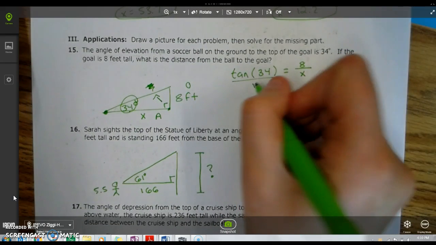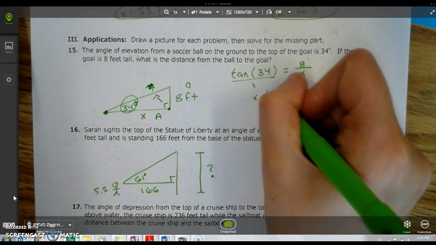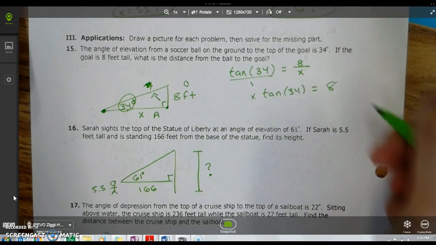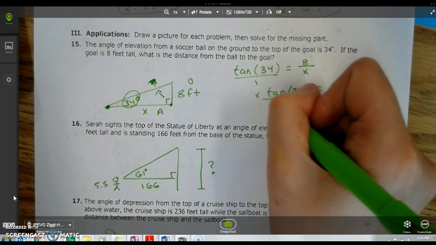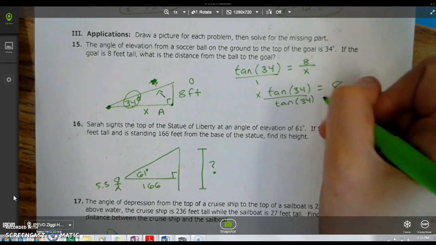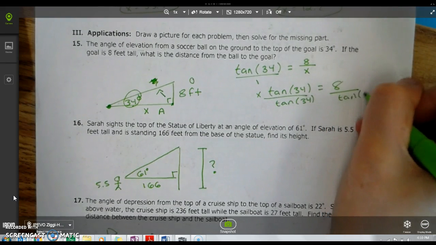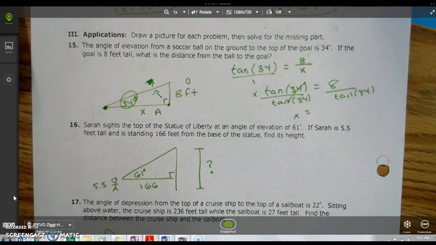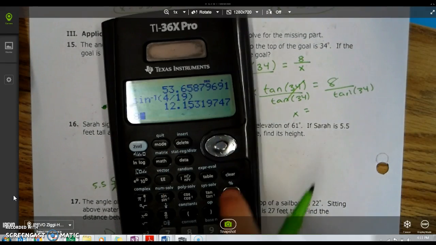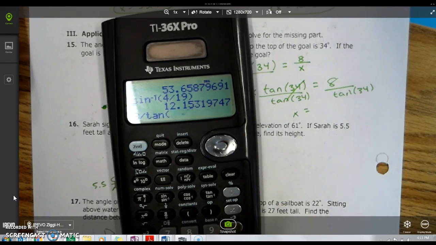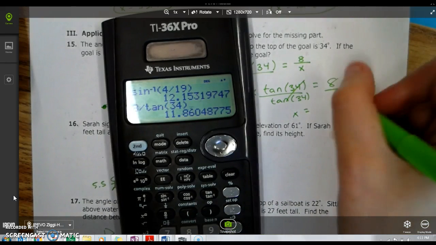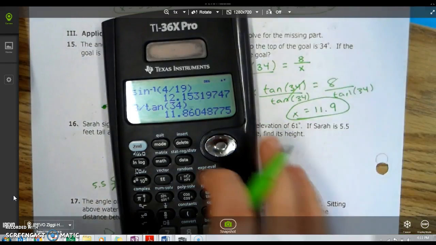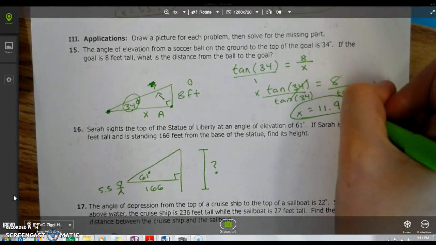Cross multiply. 8 times 1 is 8. Divide. And that is a word problem, so we have to write feet, right?